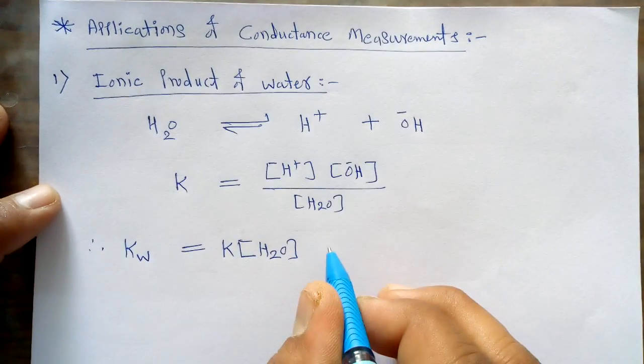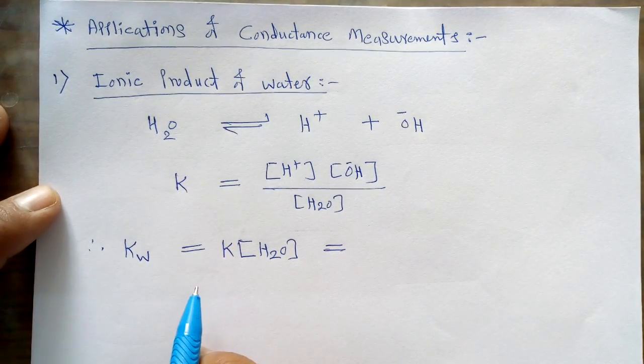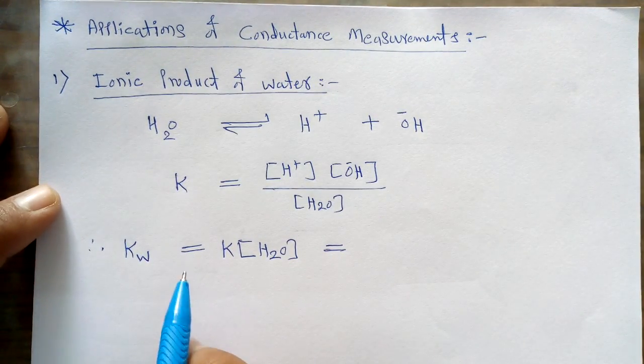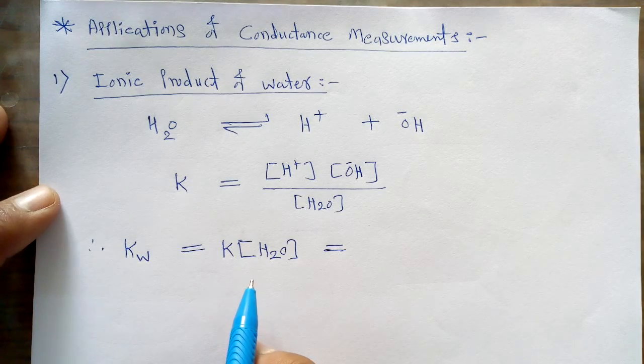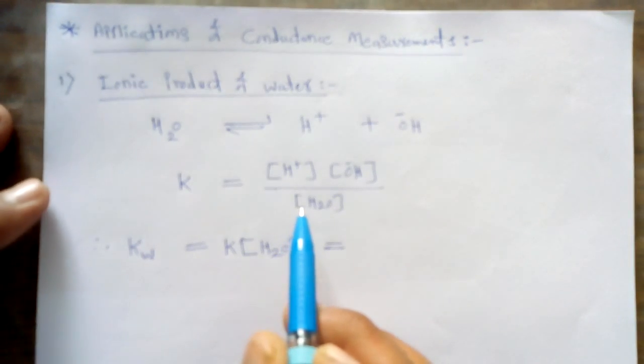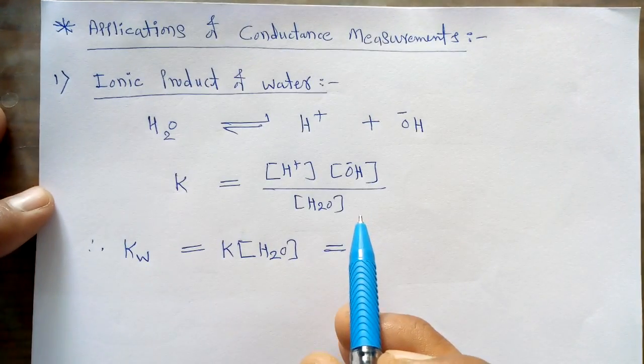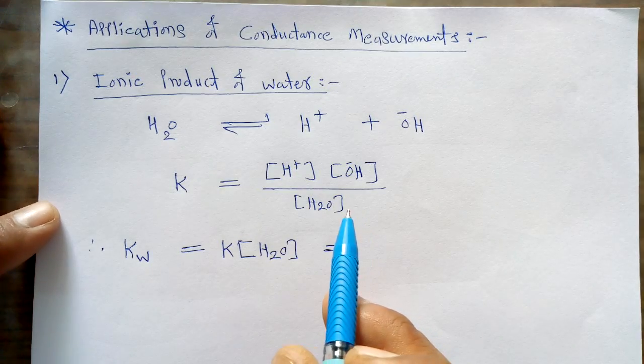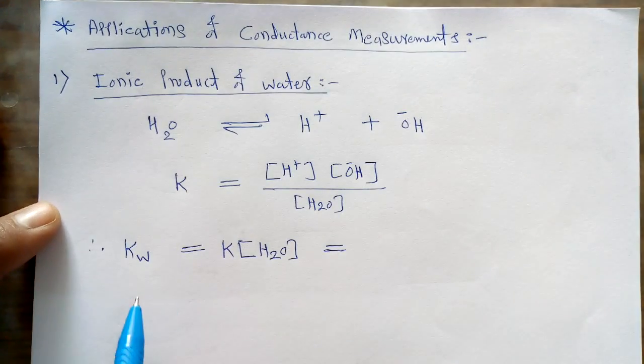Why is this so? Because the ionization is only partial, a slight ionization of water takes place, so the concentration of water will be constant.